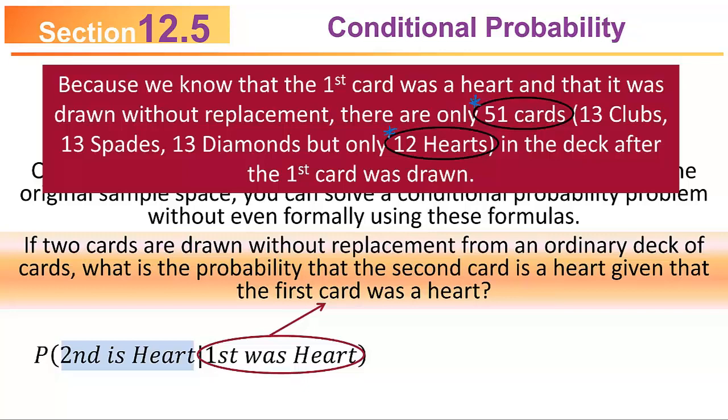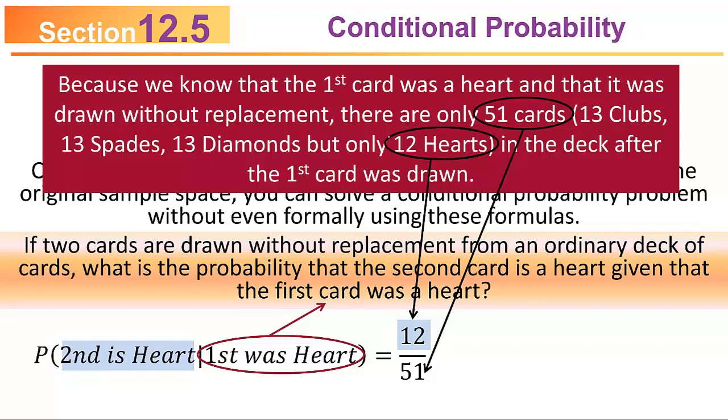So knowing that the first card was a heart, if I didn't put the card back, just before I draw again, I'll be drawing from a 51 card deck that only has 12 hearts. So now the probability of that second card being a heart is simply 12 out of 51.